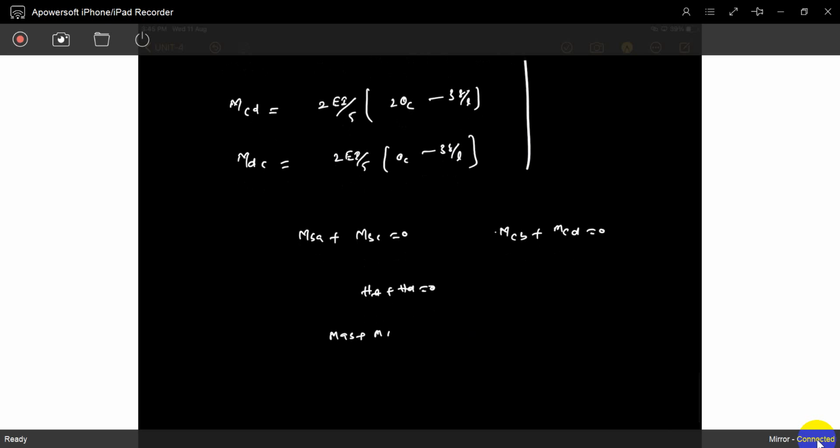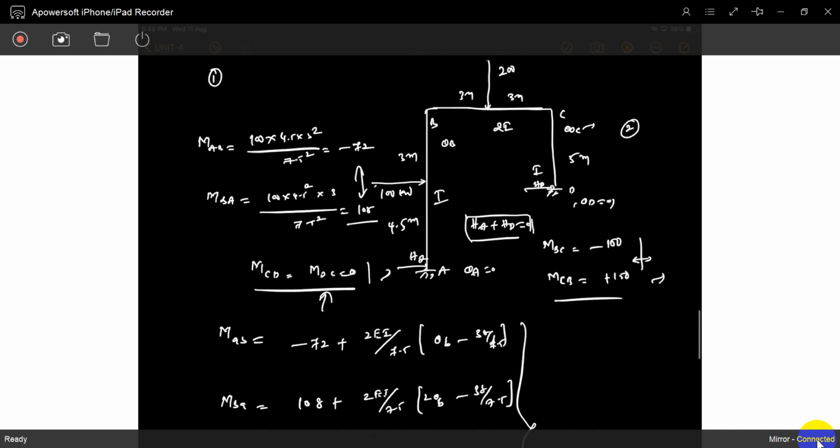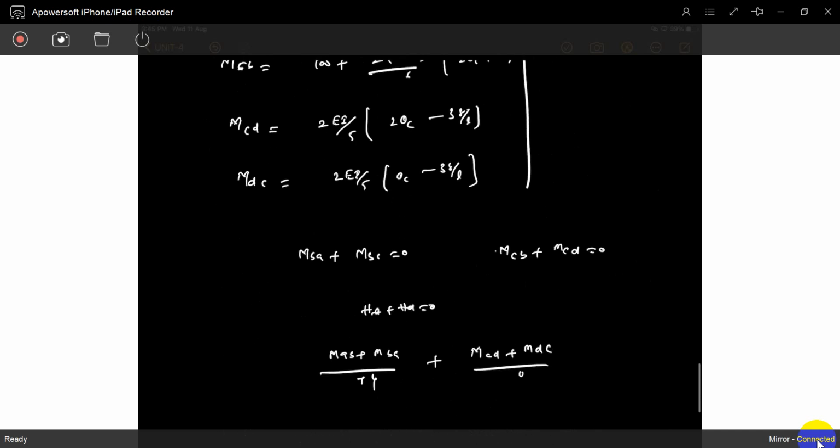MAB plus MBA divided by length, which is 7.5. And HD is MCD plus MDC divided by length 5, equal to 0. So these are the three equations. Three equations, three unknowns. Get it?